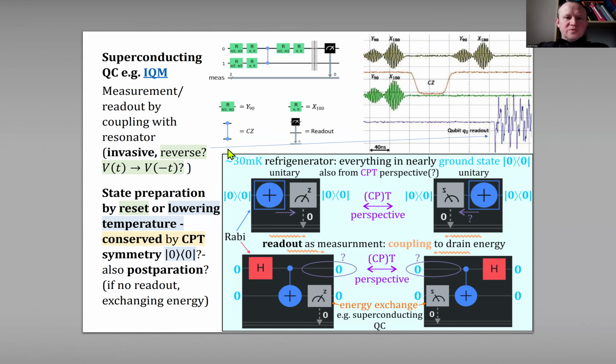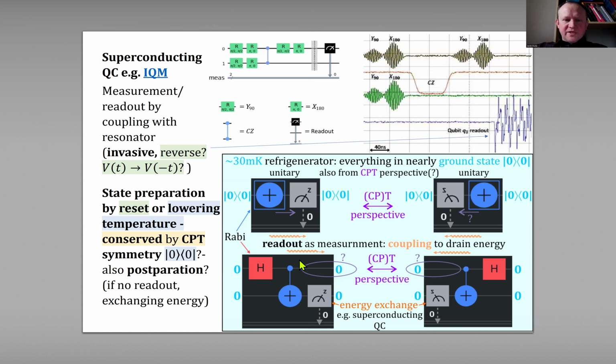So we prepare the state by lowering the temperature. But from the CPT perspective, the temperature is the same, so such lowering of temperature should act both as preparation and post-preparation. So we should be able to also use it after.